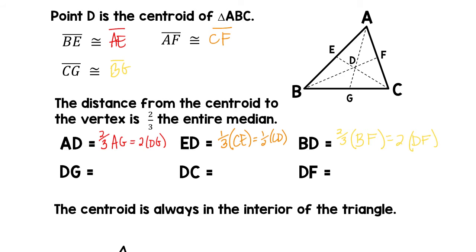Let's look at DG, short side of the median. That is equal to 1/3 of the full median, AG, and equal to half of the long side of the median, AD.